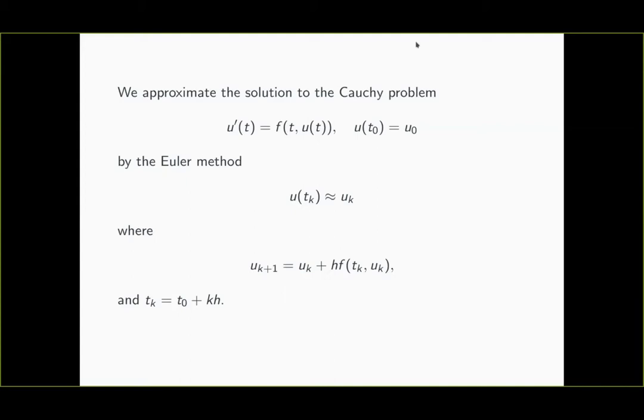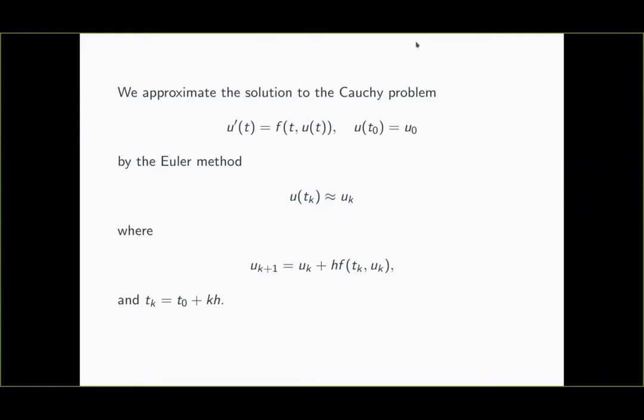Well, we are concerned with a Cauchy problem. Suppose the Cauchy problem is u prime of t equals f of t and u of t, where we have the initial condition u of t naught equals u naught, and we generate approximations for this Cauchy problem by the Euler method.